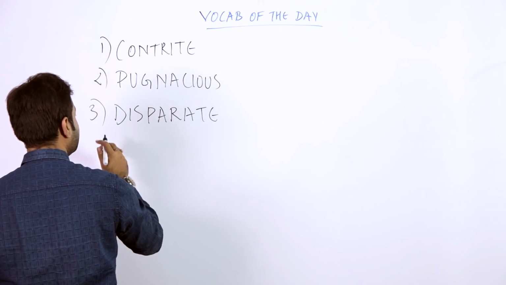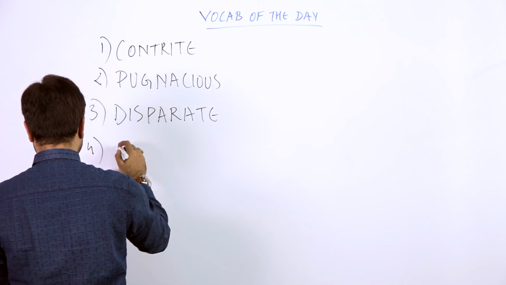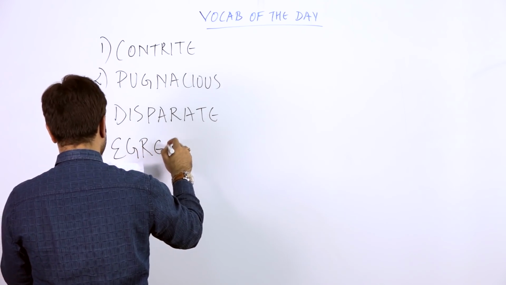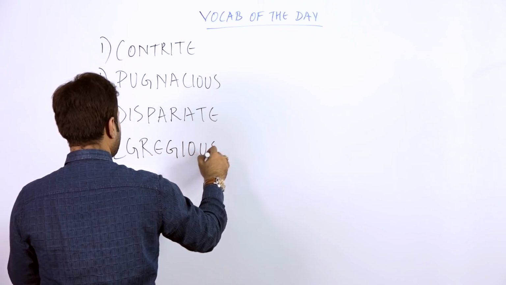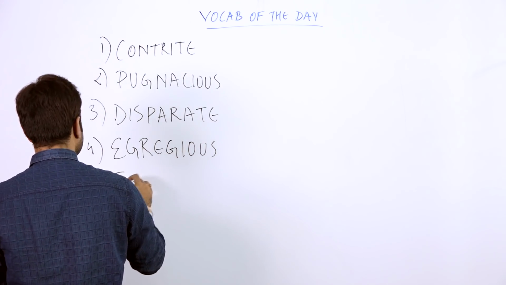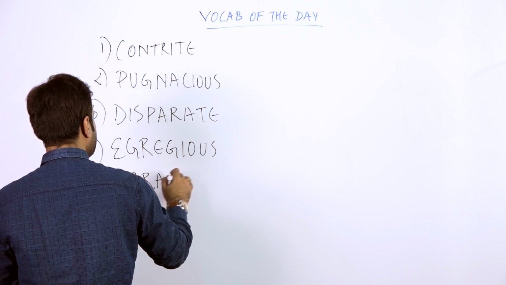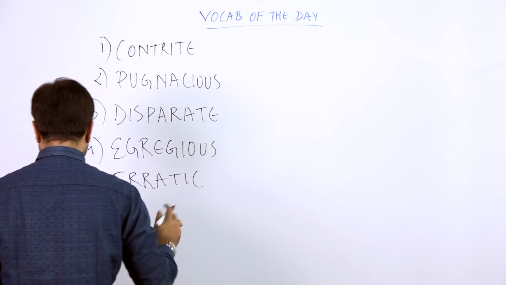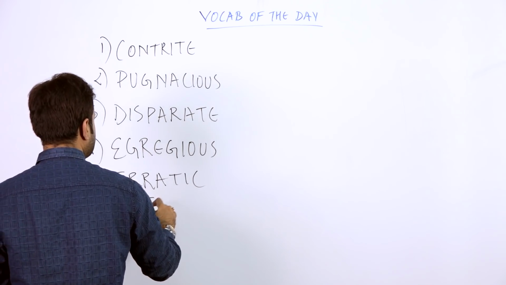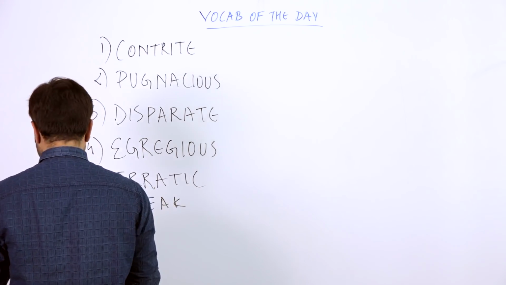It's not desperate, it's disparate. The fourth word that I have taken is EGREGIOUS, egregious. The fifth word that I have taken is ERRATIC, erratic. The sixth word that I have taken is BLEAK, bleak.